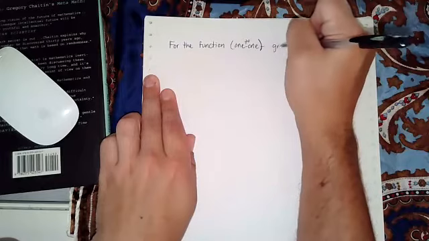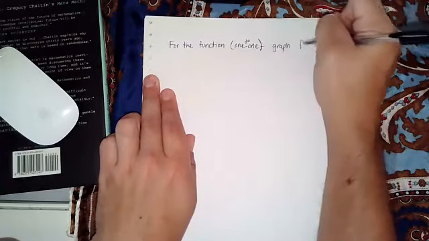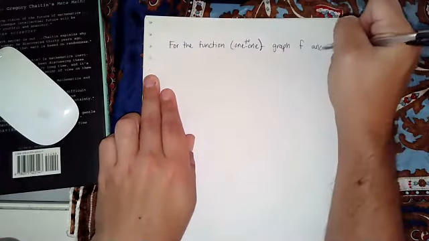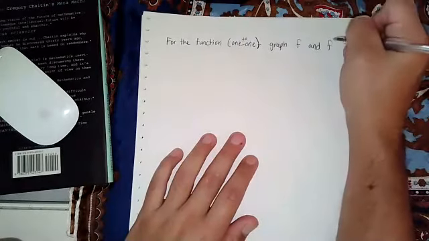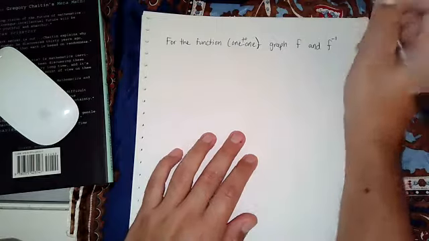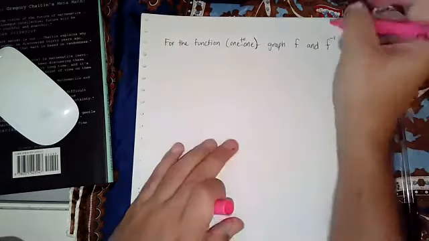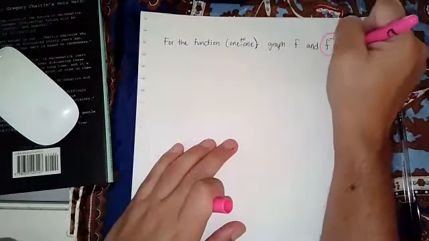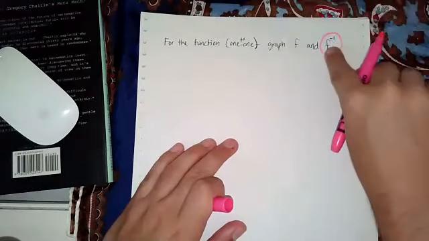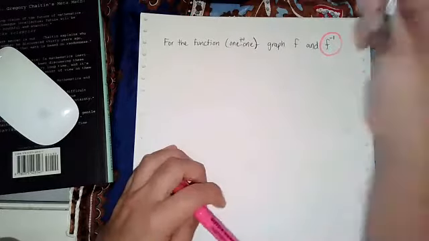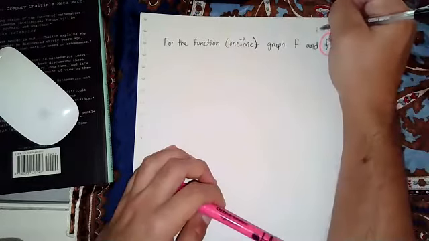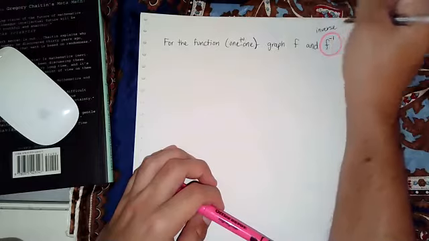We need to graph f, and this is weird notation, f negative 1. This notation where we have a function to the negative 1 power, for whatever reason, mathematicians have decided means inverse function.